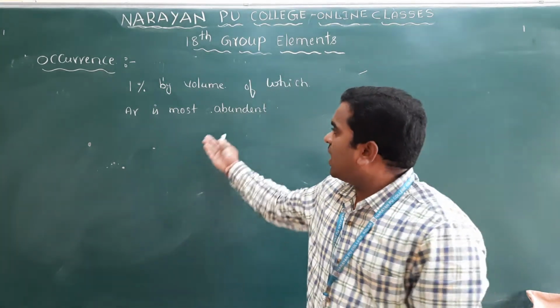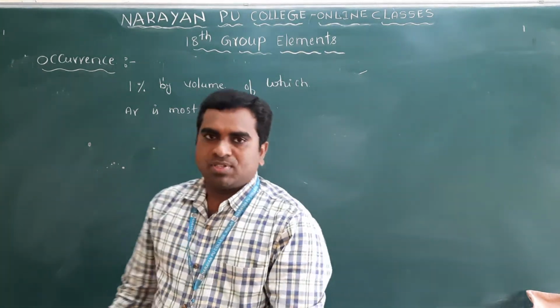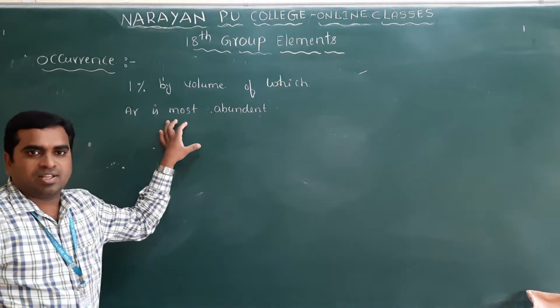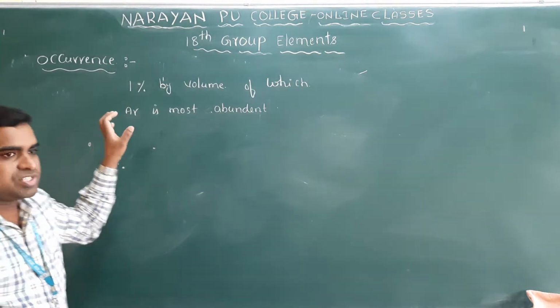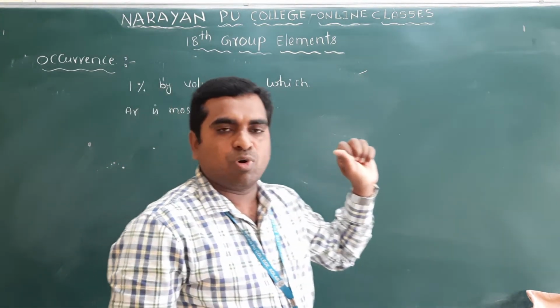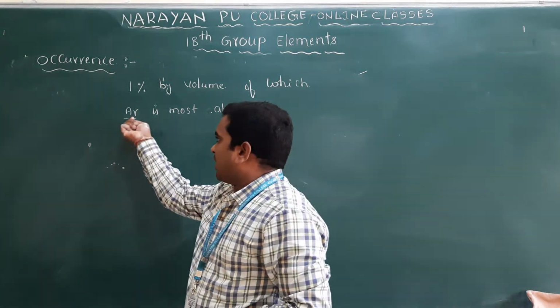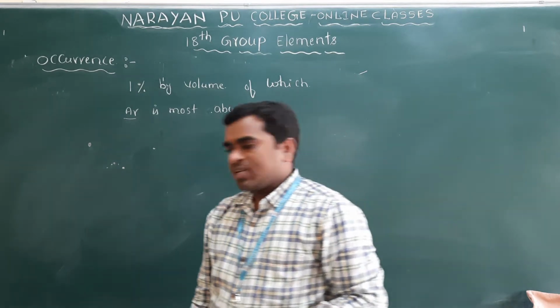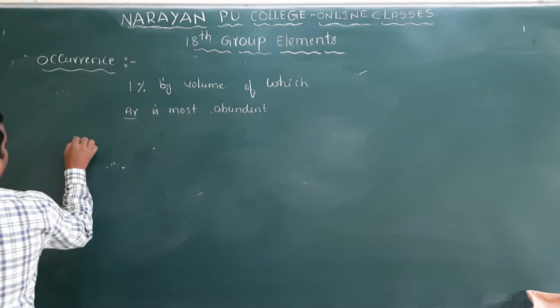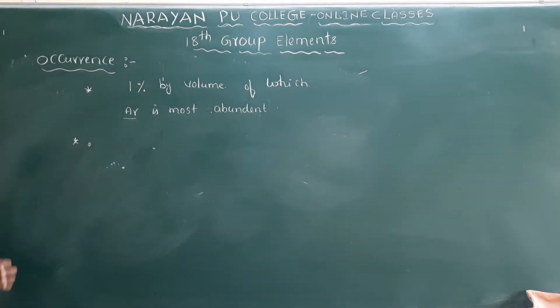Clear? So one more question. One time they asked in the PU examination: which of the following noble gases is most abundant in the air? So what is that one? Argon. Clear?